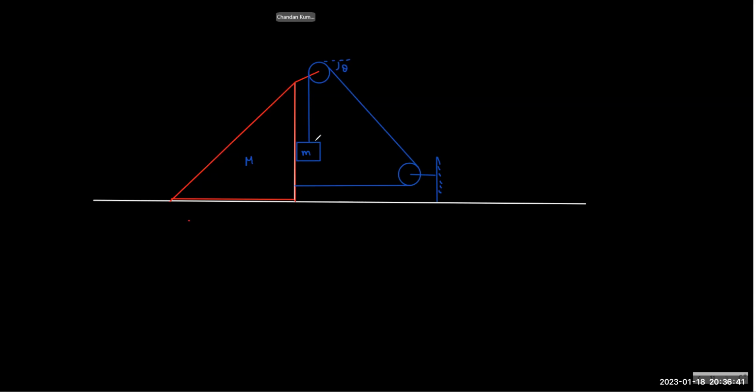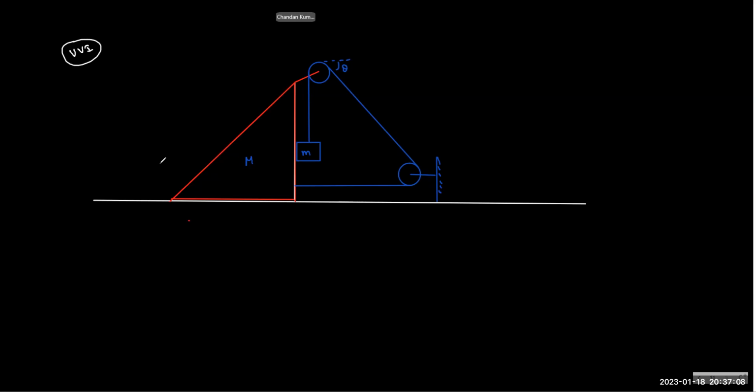As the block will start falling down, the wedge will go right or left? Okay, how can the wedge move? In which direction is the motion of the wedge possible? Can you tell me? In which direction is the motion of the wedge possible, guys?